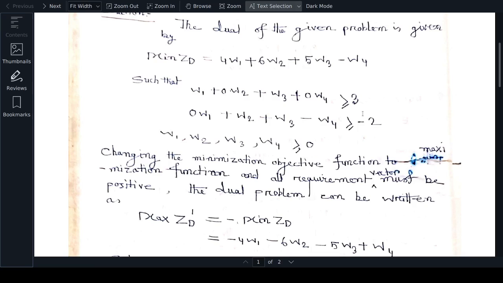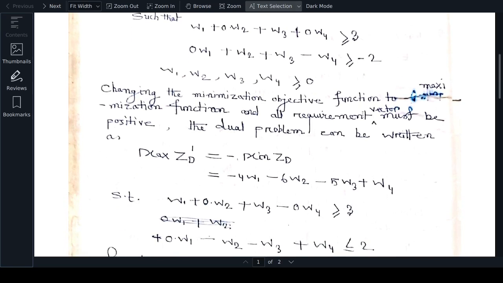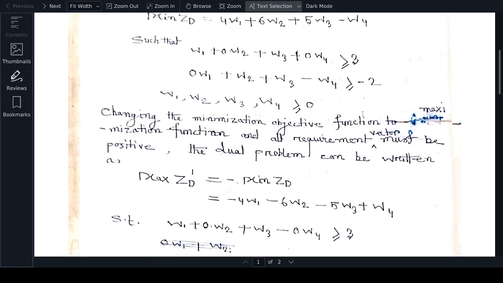All the coefficients of x1 in the primal: the first constraint coefficient is 1, second is 0, third is 1, fourth is 0. So rows and columns are interchanged. Similarly, for x2, the coefficients are 0, 1, 1, minus 1, so this is 0 W1 plus W2 plus W3 minus W4.